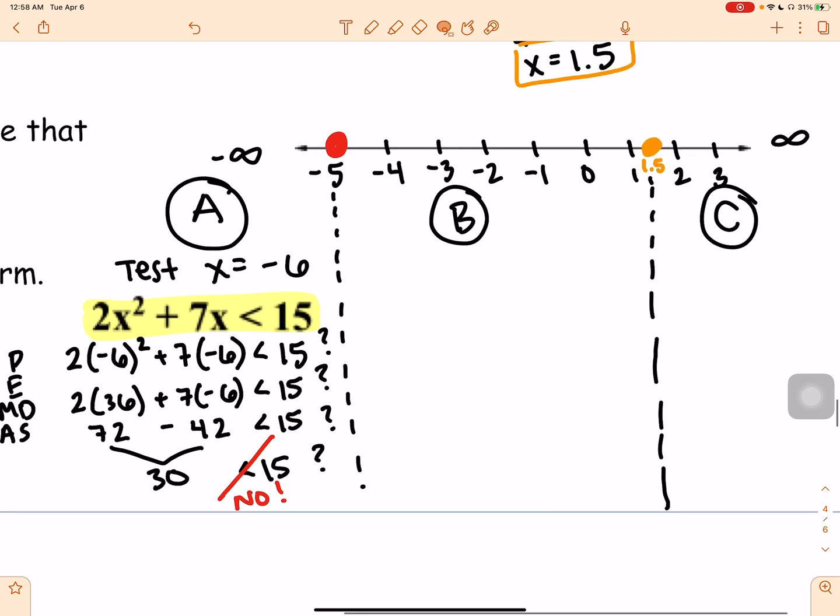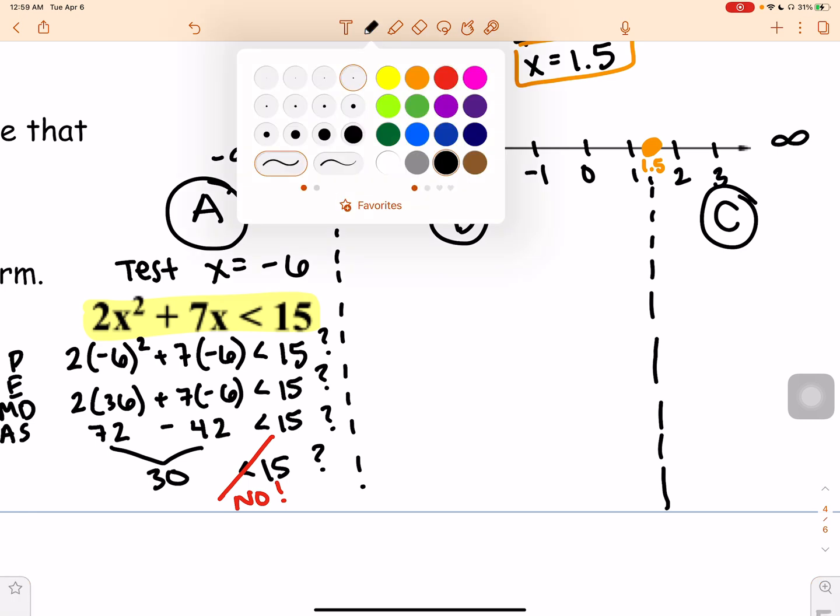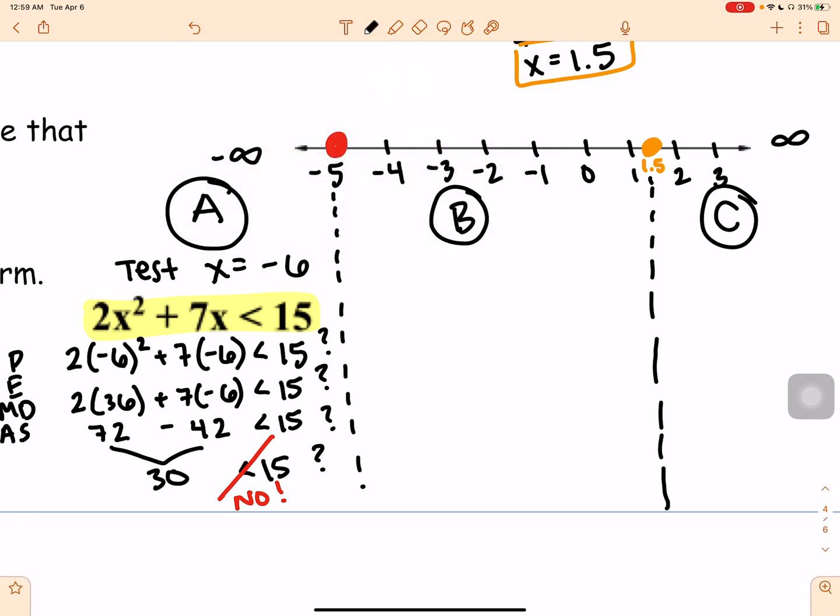So now here, let's go ahead and test a number that is in the middle. Honestly, 0 is the easiest number to test. So anytime I have a section with 0, I always test 0. So let's test x equals 0. Our original equation again was 2x squared plus 7x less than 15.